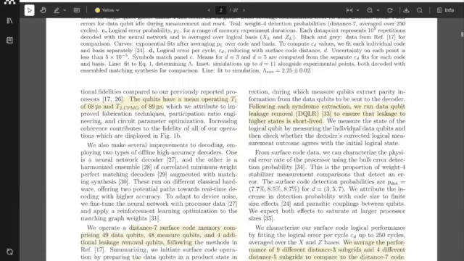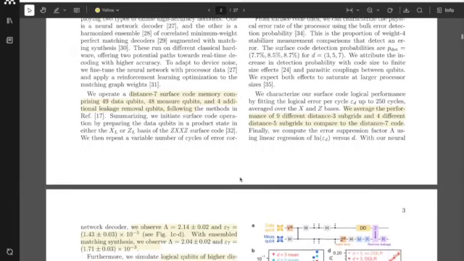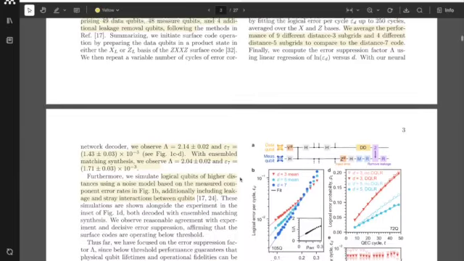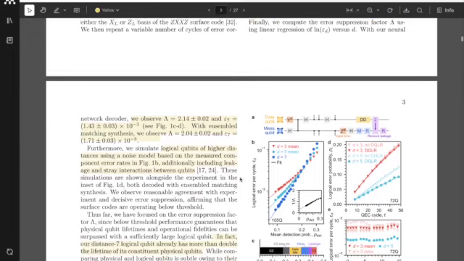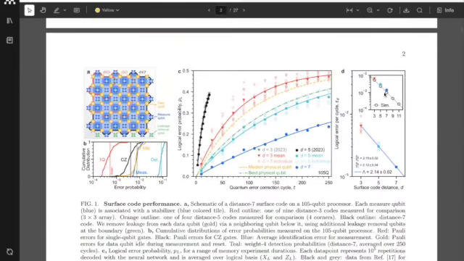They also mention the parameters: T1 is 68 microseconds and T2 is 89 microseconds. I was not very sure about the methods they were using. They were mentioning the simulation in the small thing here, that this is for the three different values of d.